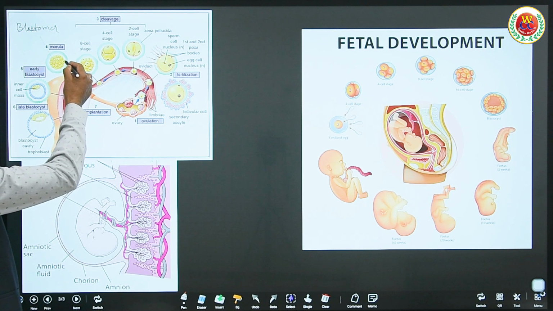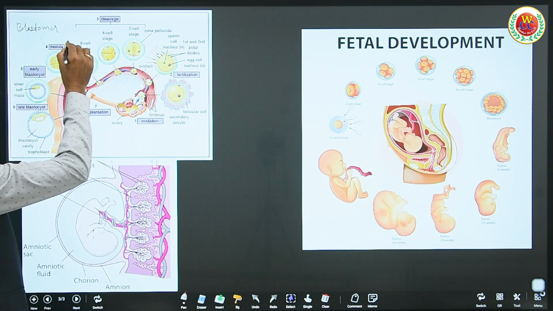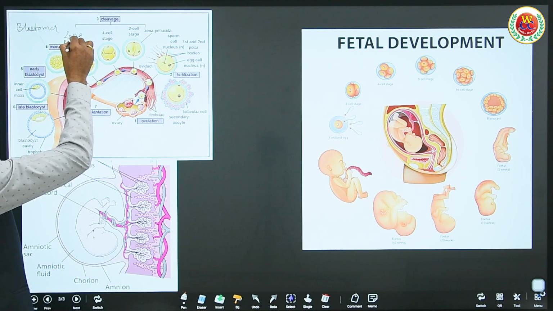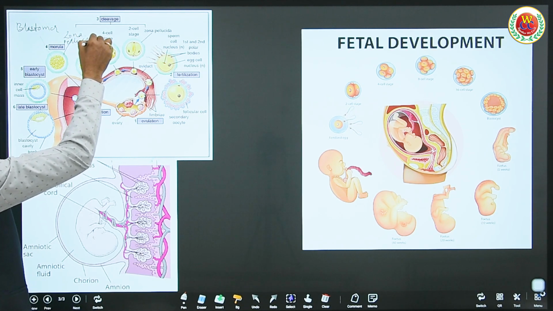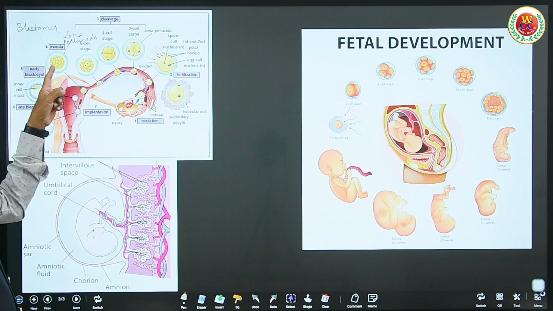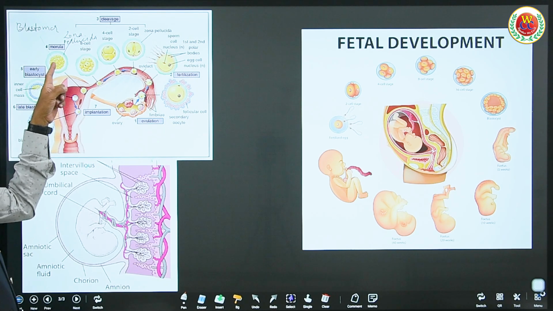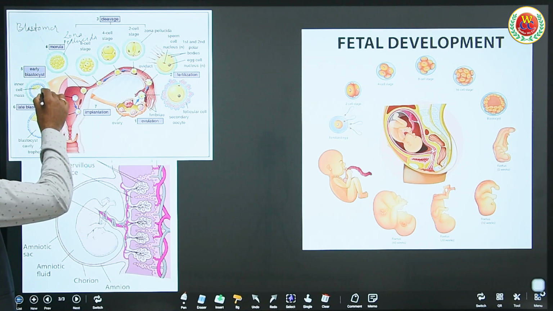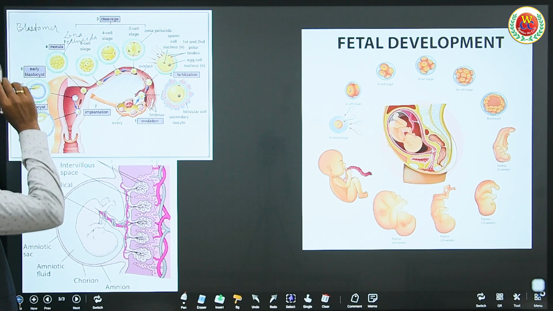Now this zona pellucida is about to degenerate or erode, and here you can see the zona pellucida is eroded. The blastomeres are arranged in such a way that the outer layer forms the trophoblast, and the remaining cells form the inner cell mass.